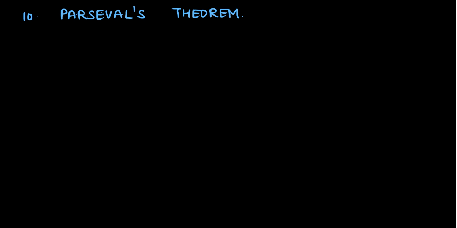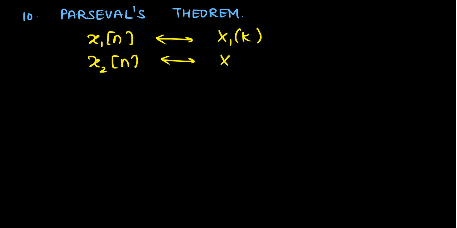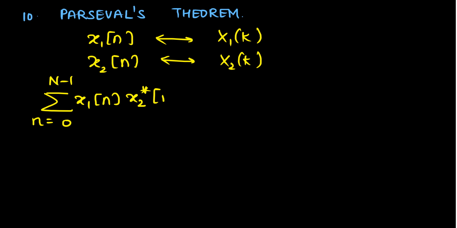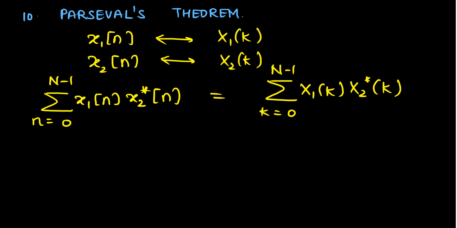Parseval's theorem says that if we have a signal x1 of n with DFT X1 of k, and similarly a signal x2 of n with DFT X2 of k, then summation n running from 0 to N minus 1 x1 of n multiplied by x2 conjugate of n will be equal to summation k running from 0 to N minus 1 X1 of k multiplied by X2 conjugate of k, but scaled by a factor of 1 by N. So now let us start with the left hand side in order to prove that.